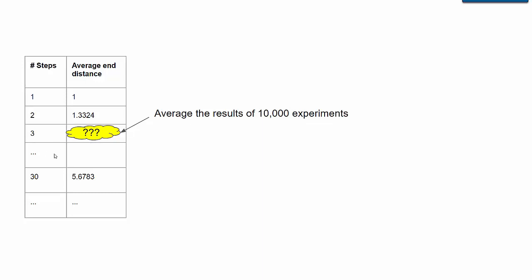So for every single row in the table, I want to run a whole bunch of experiments, figure out what the average result is. But what's the experiment I'm running? Well, for this particular row, the experiment is taking 3 random steps and then checking what my displacement is. And so I'm finding the average of all of those displacements.